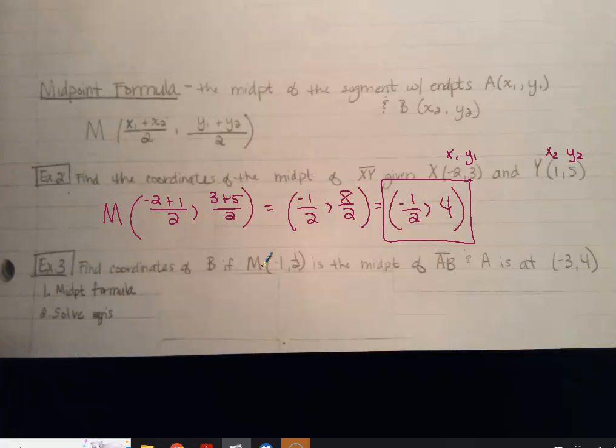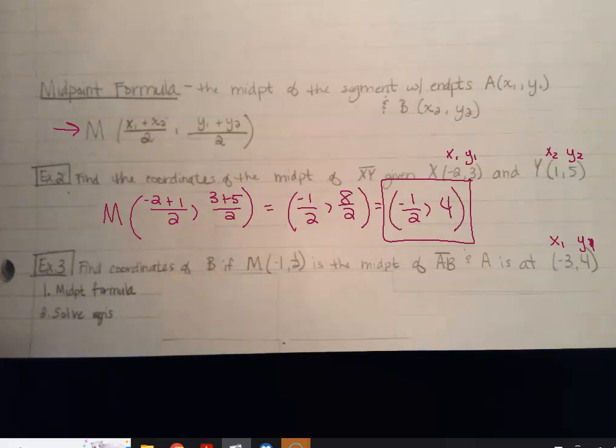So let's do the midpoint formula. Remember, so it's this one. So we're going to have x, because we don't know, here's our, let's see, these are x1 and y1 values. Okay, so let me go back over here and start over.